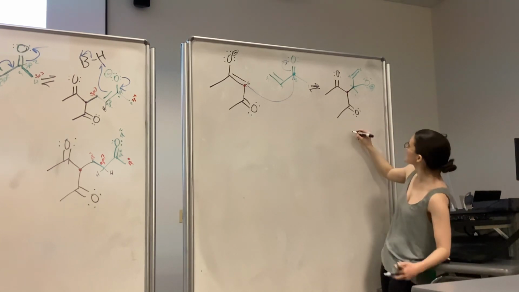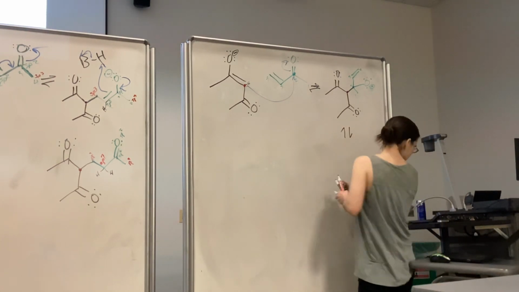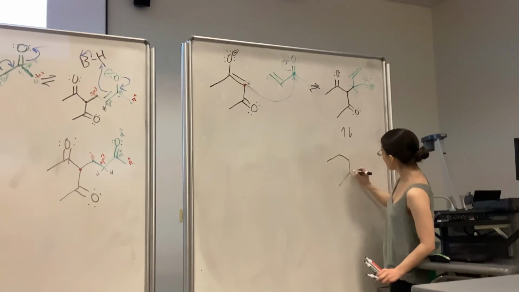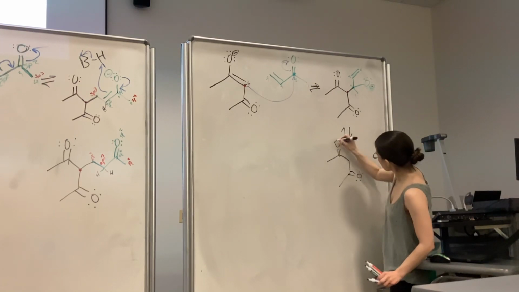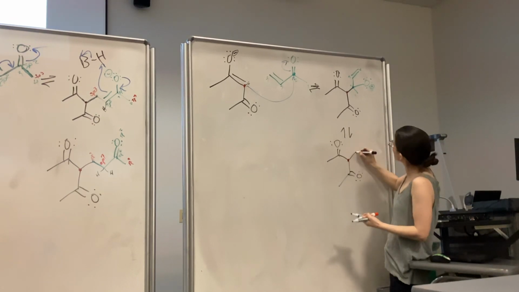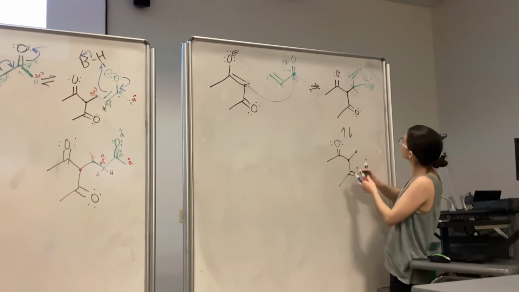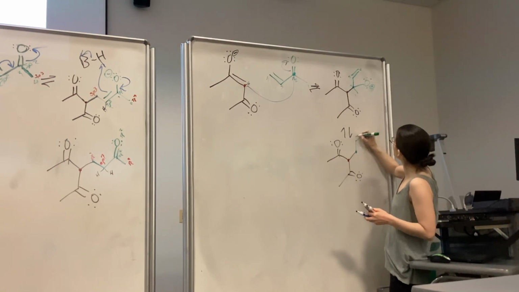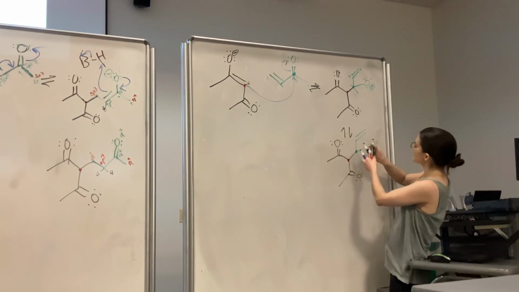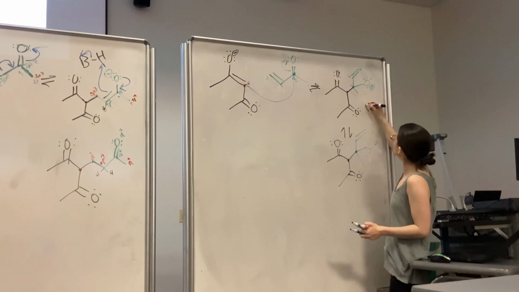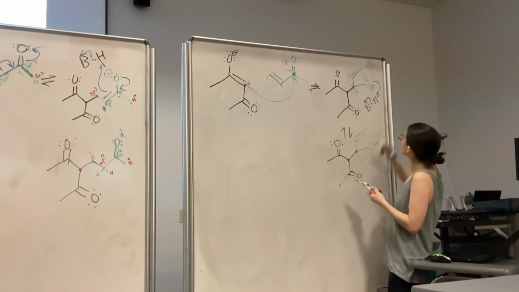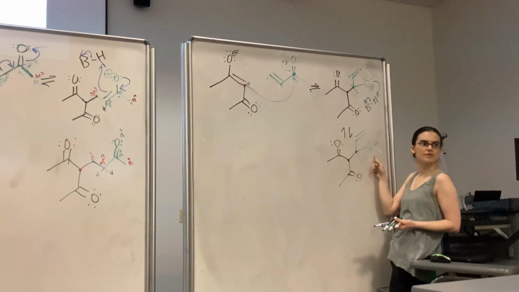So the only way to go forward with this is if we grab the BH that we had from earlier, and protonate. And we end up like this, right?